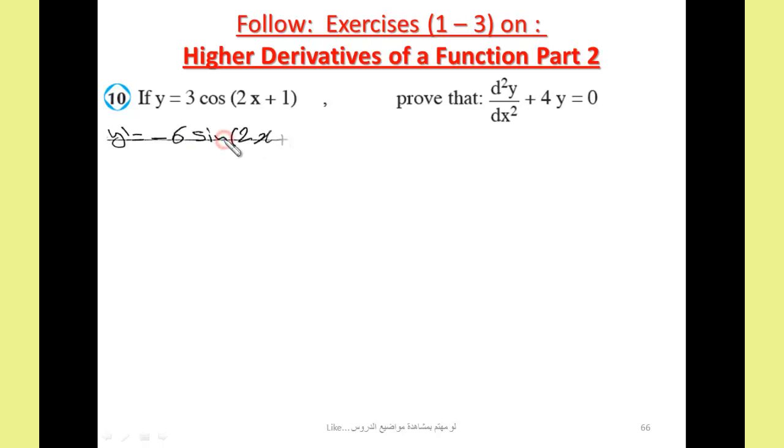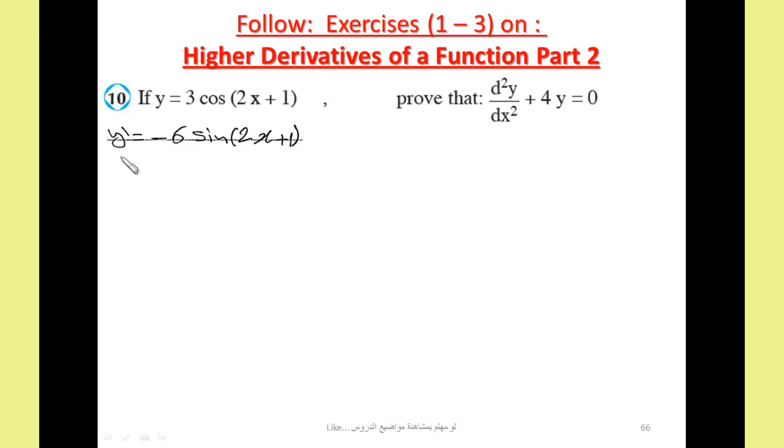So first we will calculate the first derivative dy dx, or you can say y dash. The derivative of cosine 2x plus 1 is negative sine 2x plus 1, multiplying the derivative of the angle. The derivative of 2x is 2. 2 multiplied by 3 equals 6.